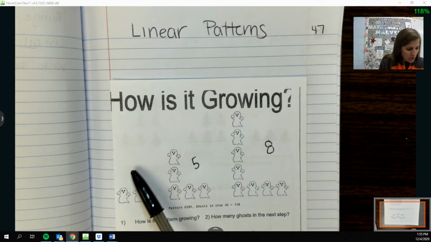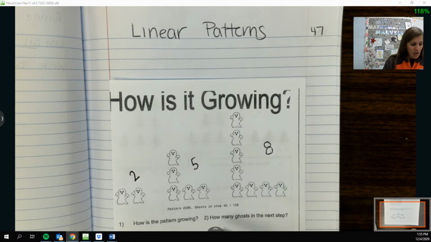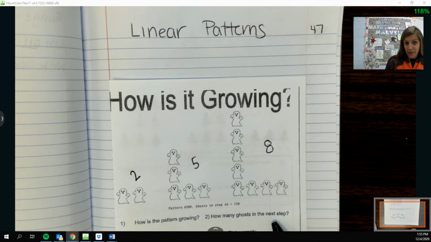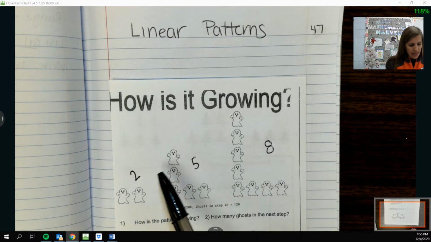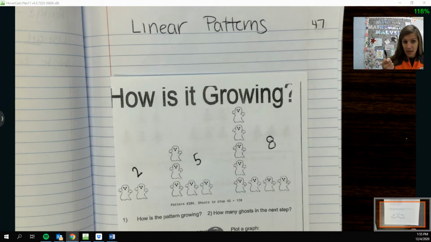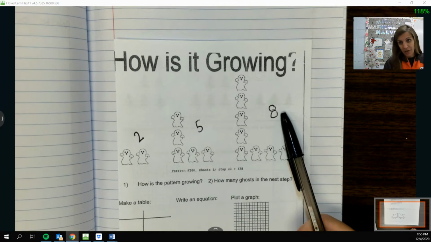It went from 2 to 5 to 8 because I want to think about how many ghosts will be in the next step. So if you notice, when I go from 2 to 5, I went up 3. It's like I added 3. When I go from 5 to 8, I added 3.